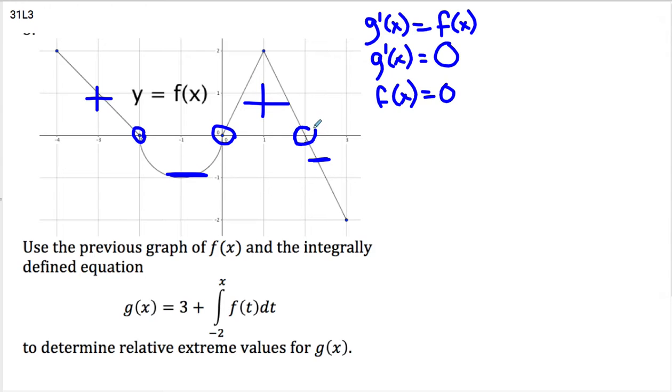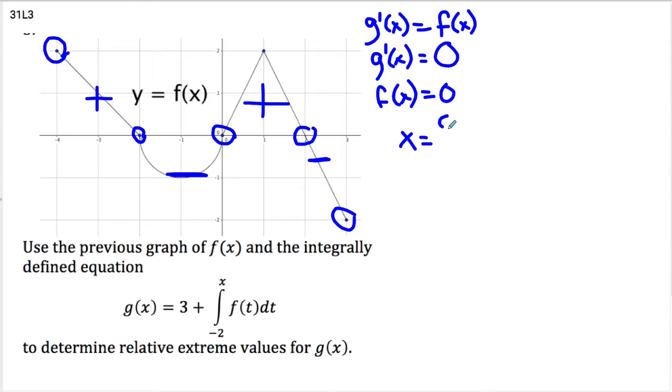Here's another maximum. And don't forget the endpoints. Here is a minimum because the function increases afterwards. And this is a minimum as well because the function is decreasing into it. All right, so the locations of the extrema are what we just said.